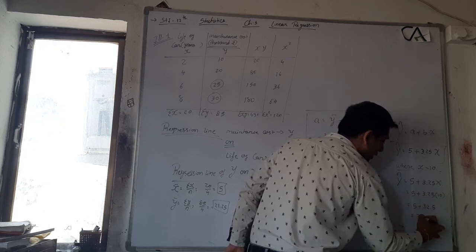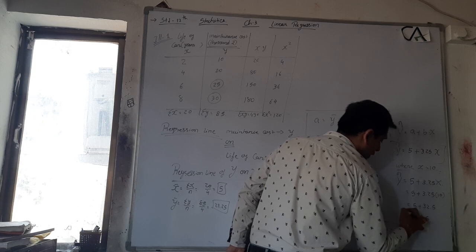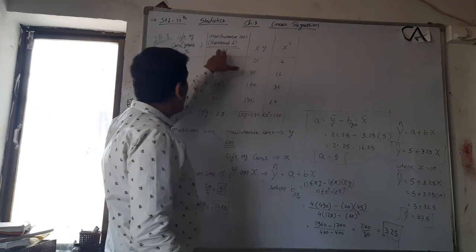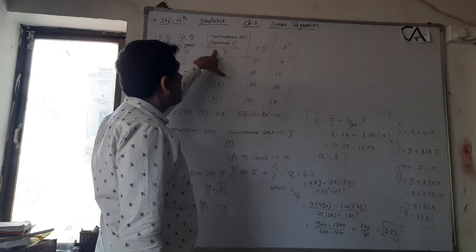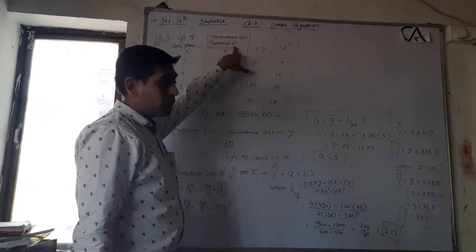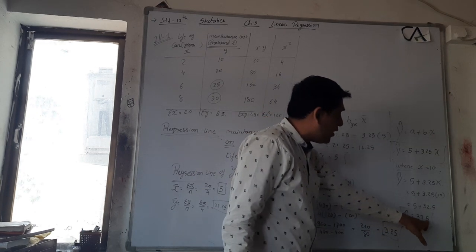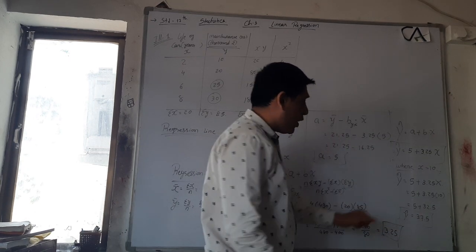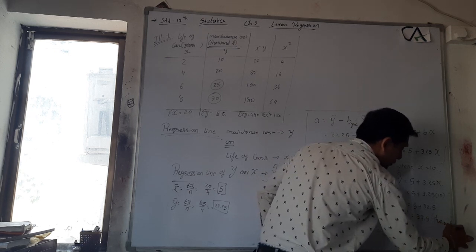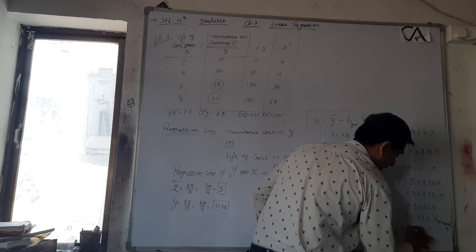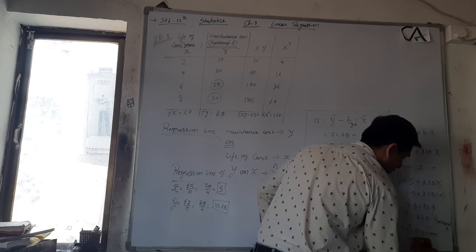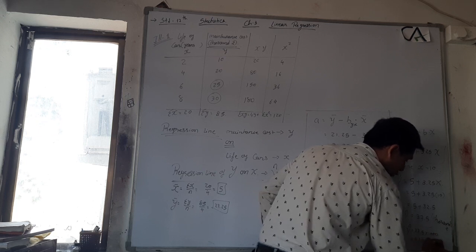that is 37.5. See, this is not your answer, because I told you, if the question says y is in 1000 rupees, and the answer is 37.5, you have to write 37.5 thousand rupees, or y cap is equal to 37.5 into 1000, that is 37,500 rupees.